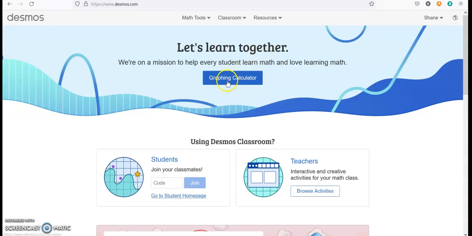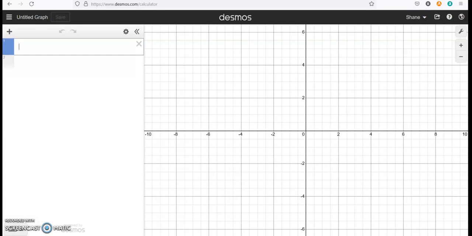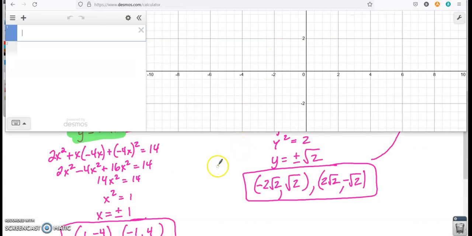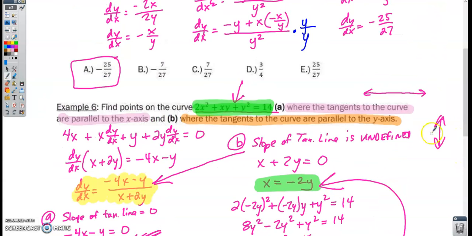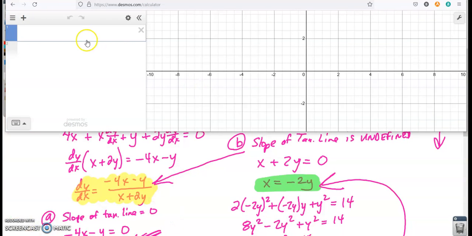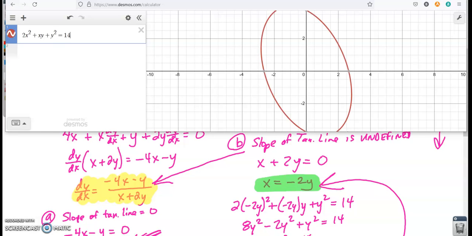Now imagine, if you will, this curve that we just saw. Let me go back to this curve here: 2x squared plus xy plus y squared equals 14, right? So let's take a look at that curve.